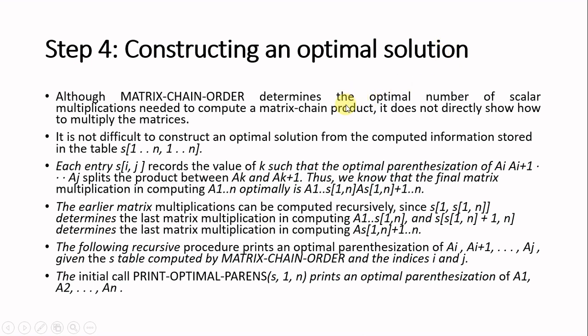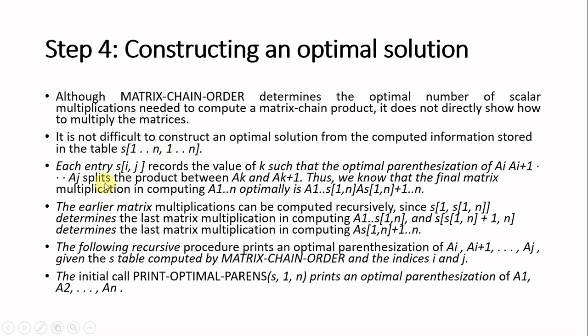Although matrix chain order determines the optimal number of scalar multiplications needed to compute a matrix chain product, it does not directly show how to multiply the matrices. It is not difficult to construct an optimal solution from the computed information stored in the table S of 1 to n, comma 1 to n. Each entry, so what is given in each entry?